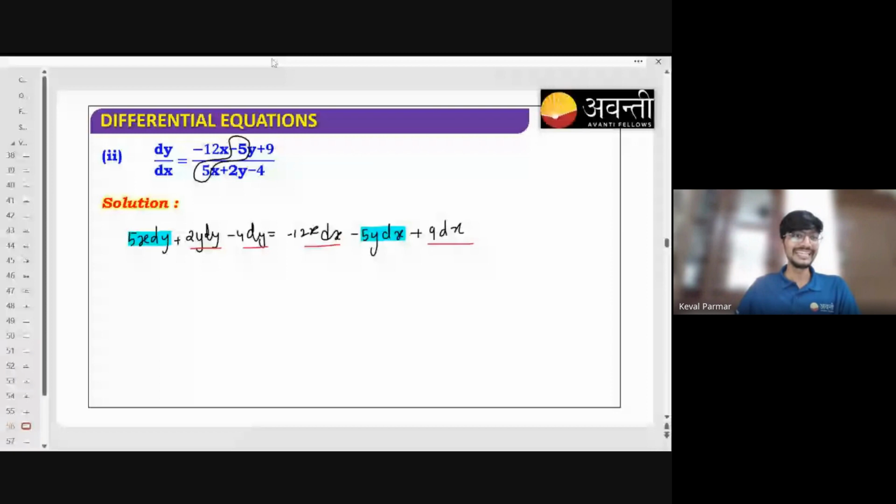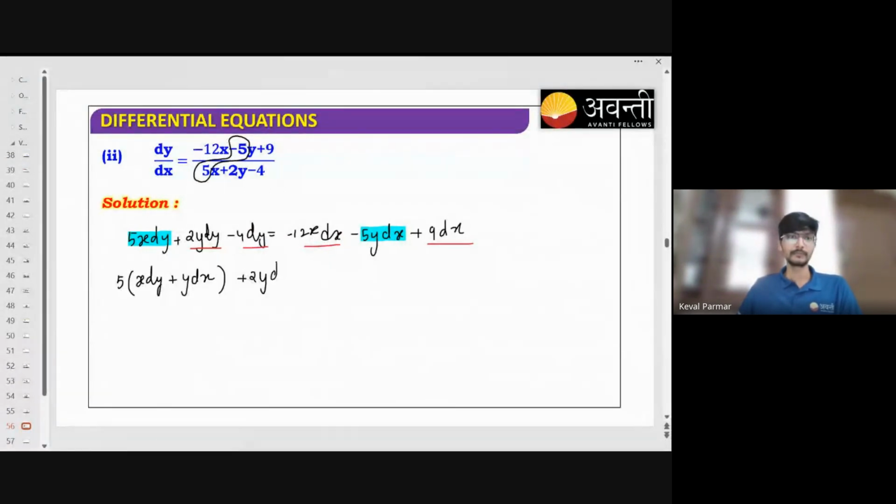The rest of these terms are integrable. Why? Because this is x dy, we cannot integrate x with respect to y. Same with y dx. But x dx we can easily integrate.